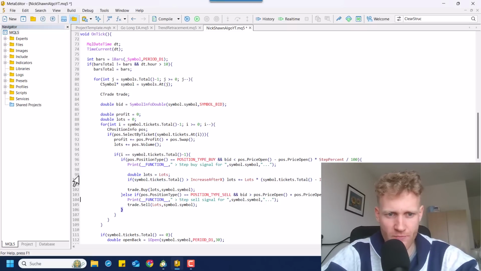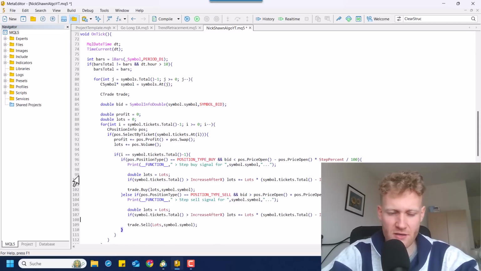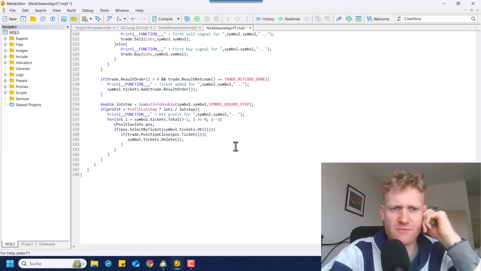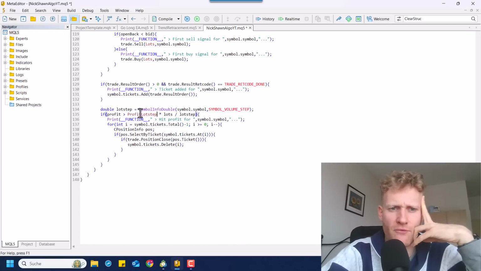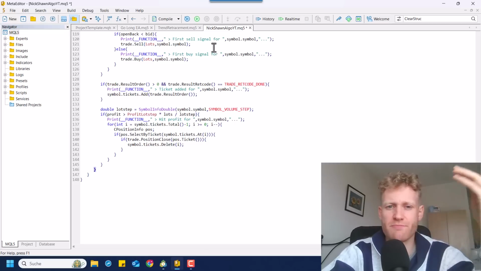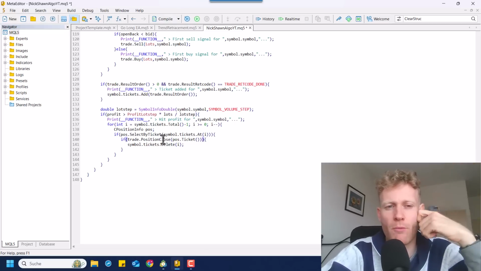And then also, so that the trades are actually closed quicker, we should not use the mechanism that we used before, which is profit lot step multiplied with lots divided by lot step, because in this case it would not really make a huge difference, I think, because we increase the lot size by more, but we also want to make more profit.